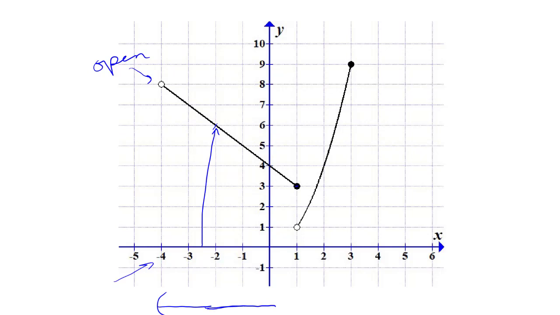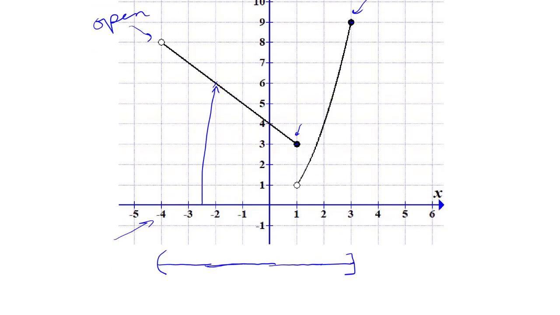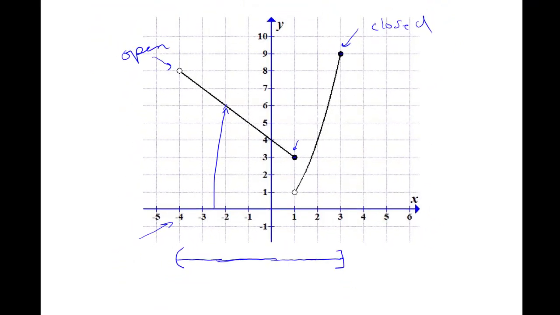Even at 1, I do get a y value at 3, so that's good. And I get it all the way up to 3, including at 3, because this is closed. So this is telling me that my domain is open -4 to 3 closed.